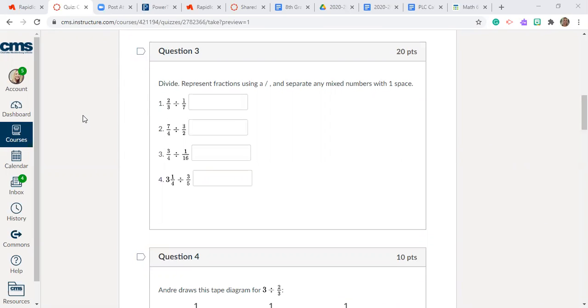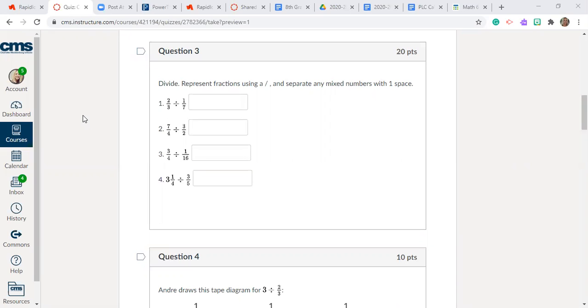Number 2, 7/4 divided by 3/2. Number 3, 3/4 divided by 1/16. Number 4, 3 1/4 divided by 3/5.